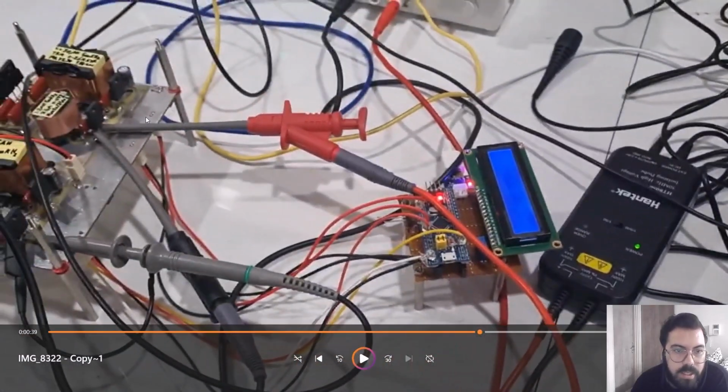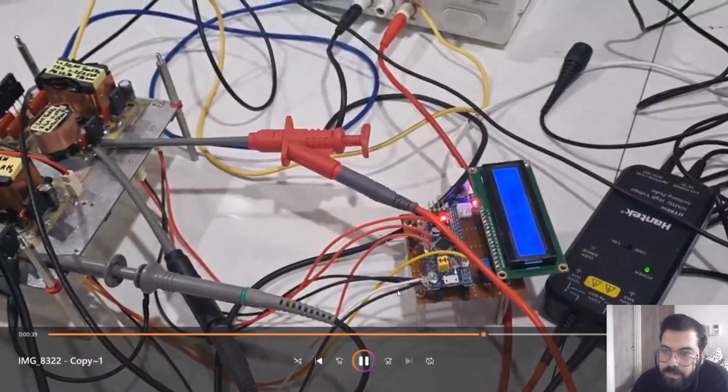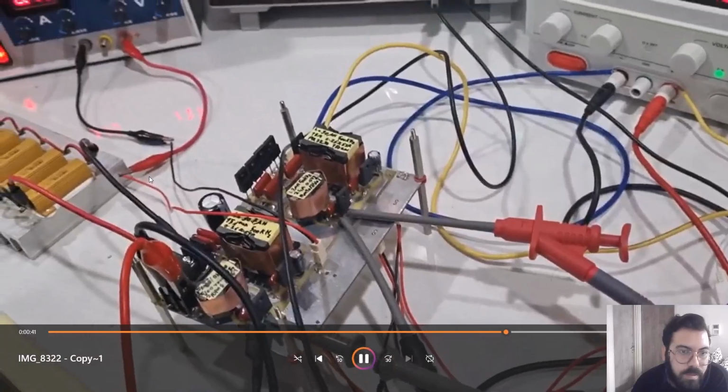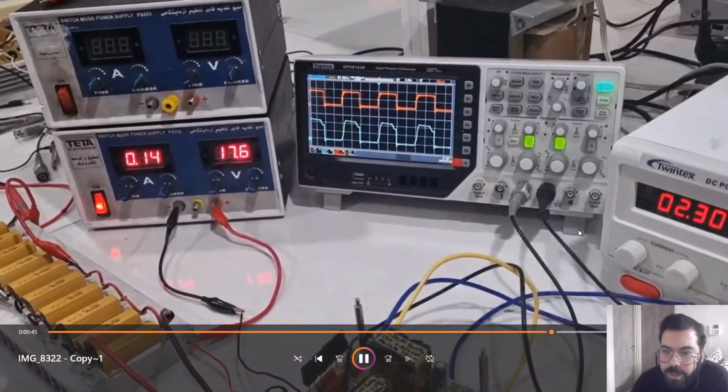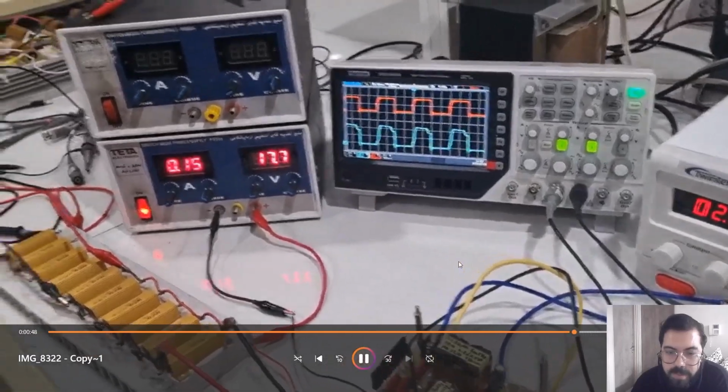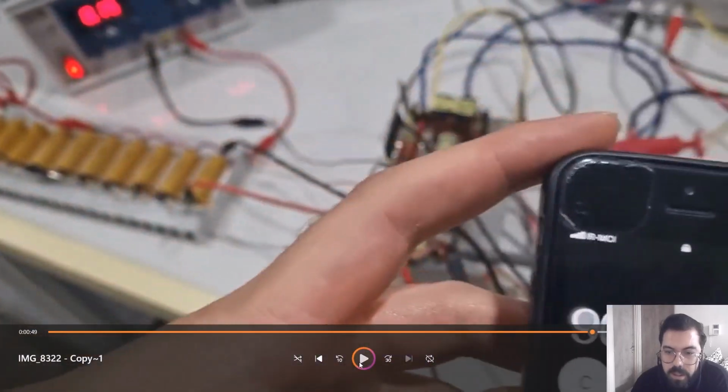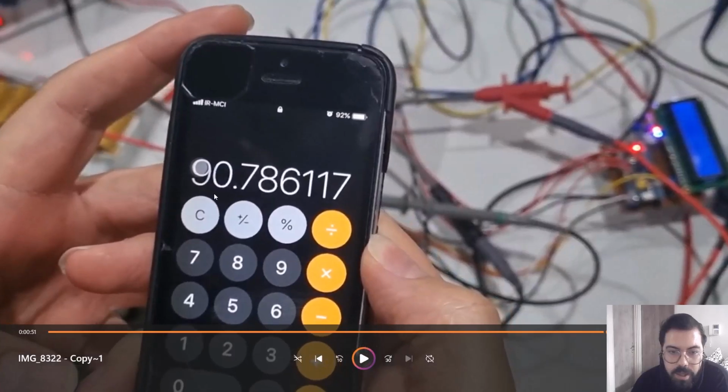I use this differential probe because I have two different switches here, and okay, now I'm going to calculate its efficiency. The efficiency is about 90% for this converter at 100 watts.